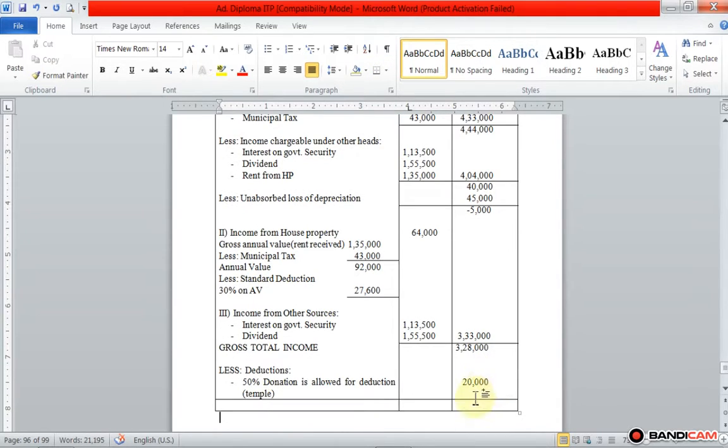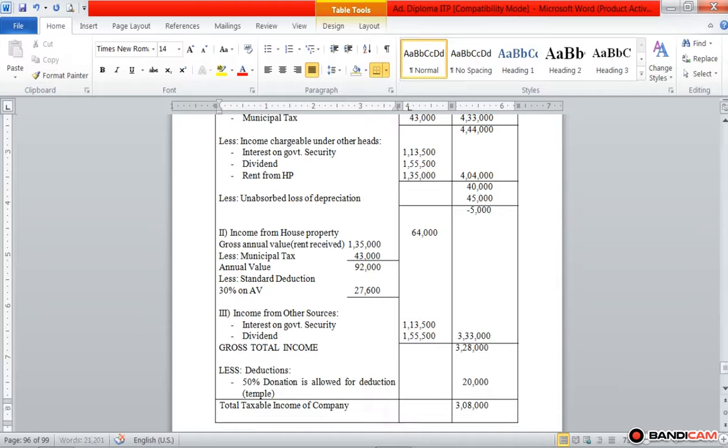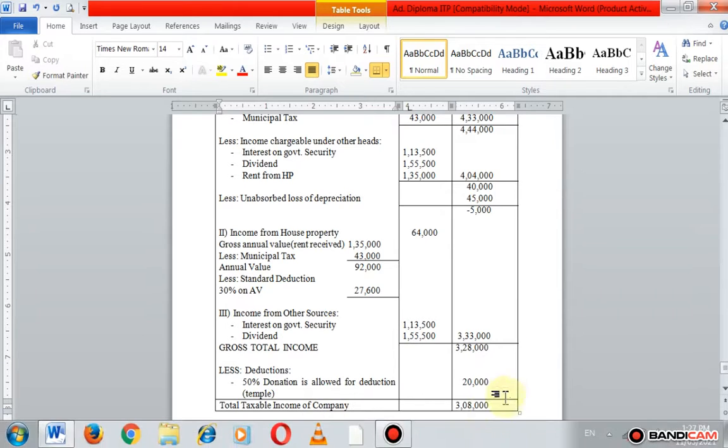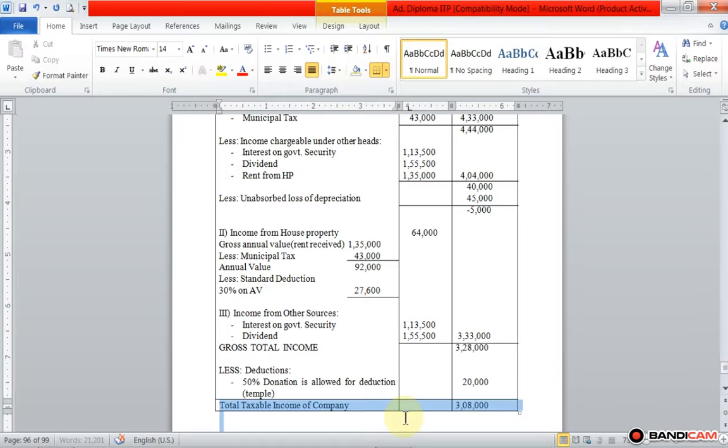Here we get a total taxable income of 3,08,000. Okay, here we find out a total taxable income amounted to rupees 3,08,000.